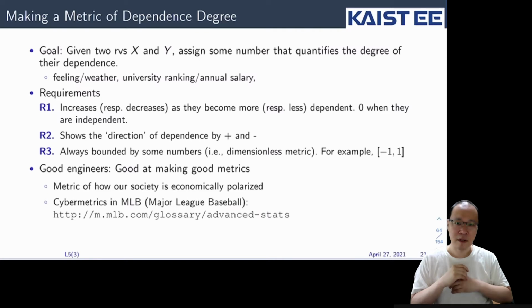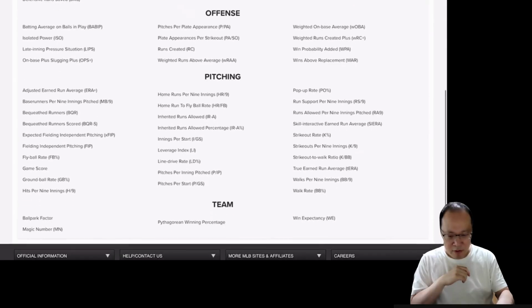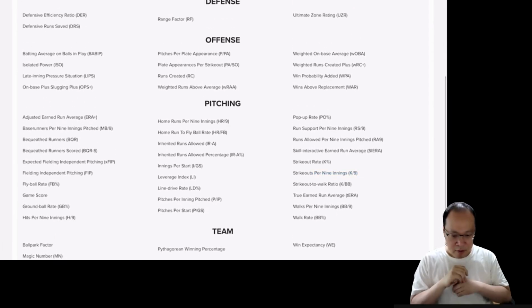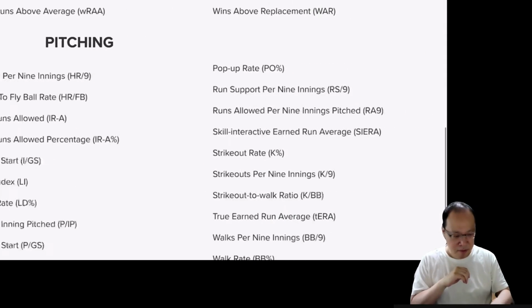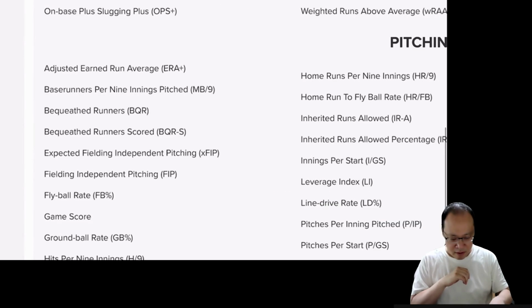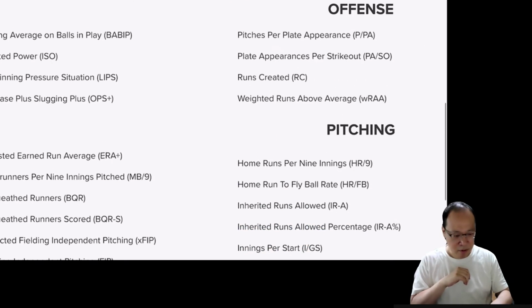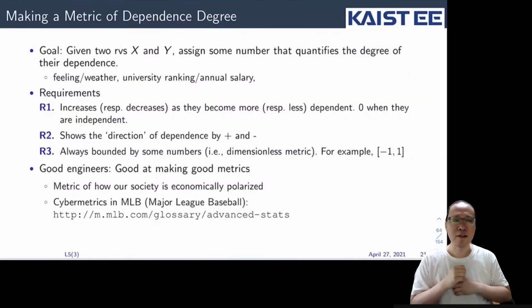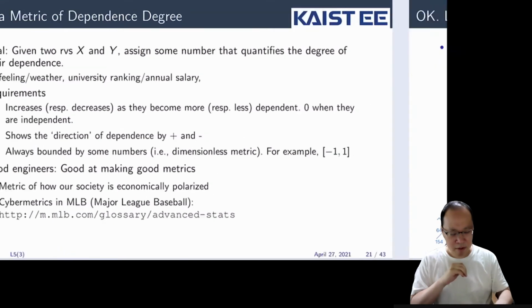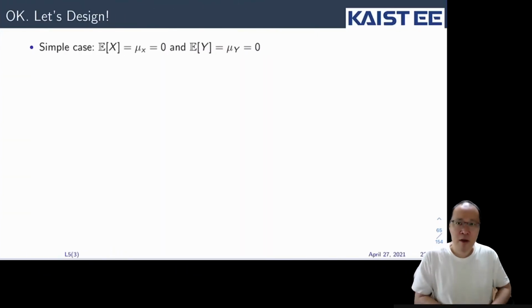If you know what's happening in Major League Baseball, for example, then there are lots of sabermetrics they are using. When you go to the MLB homepage, you can see a lot of metrics, all kinds of metrics to evaluate the quality of the team and the players. So that's what we are talking about in this section. All right, so then let's become good engineers.